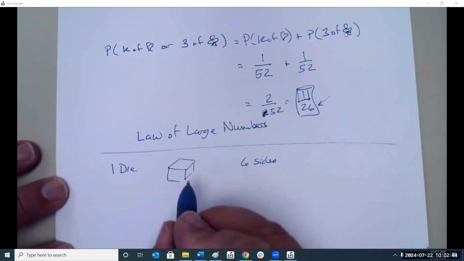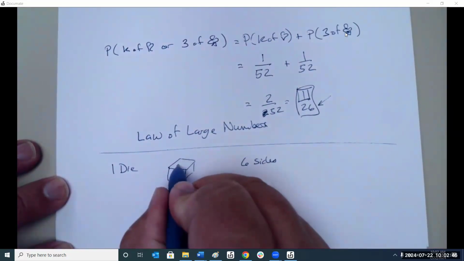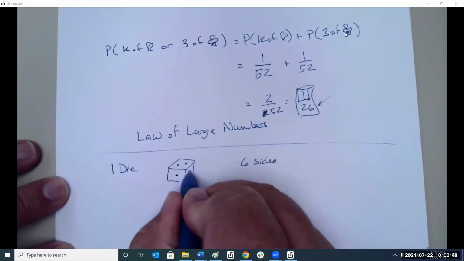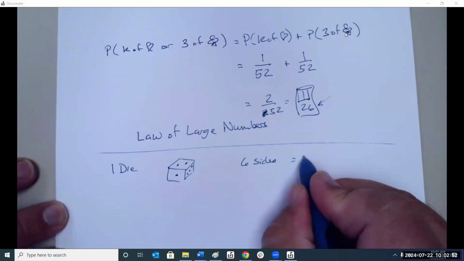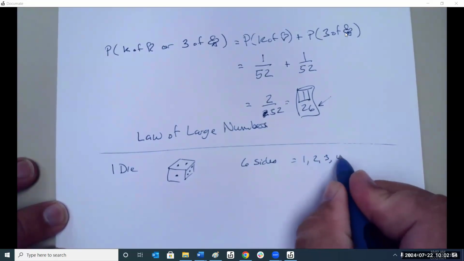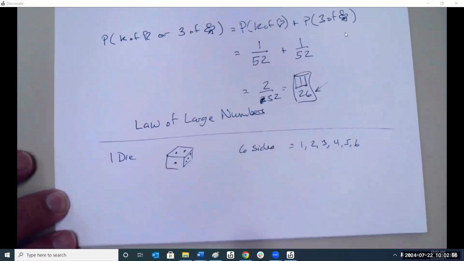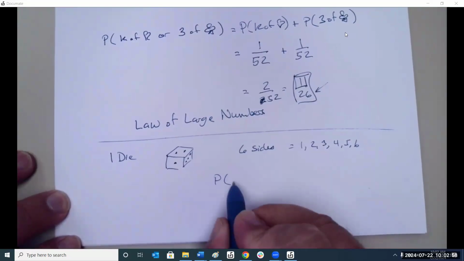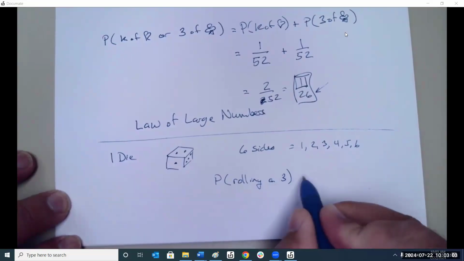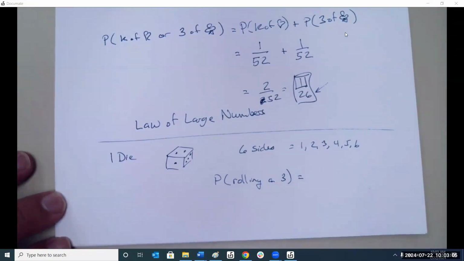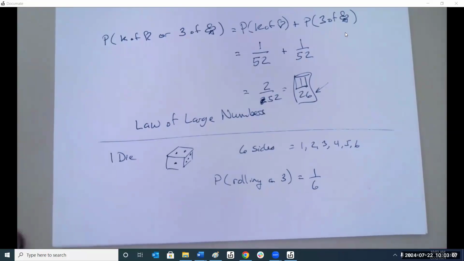And each side is made up of a number. 1, 2, 3, 4, 5, 6. So these are your outcomes. What's the probability of rolling a 3? 1 out of 6. Yeah.